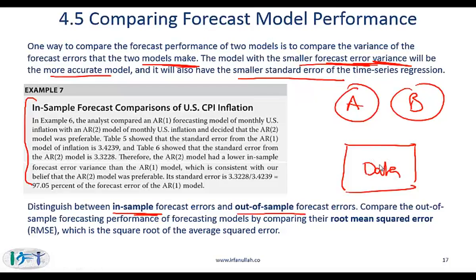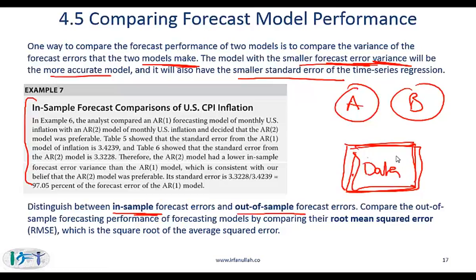When you create a regression line based on this data, and then you look at the errors, where you are looking at the forecasted value relative to this sample data, then the regression output, the forecast error variance and the errors, that would be called in-sample forecast errors, because you are comparing the regression output with this sample data.